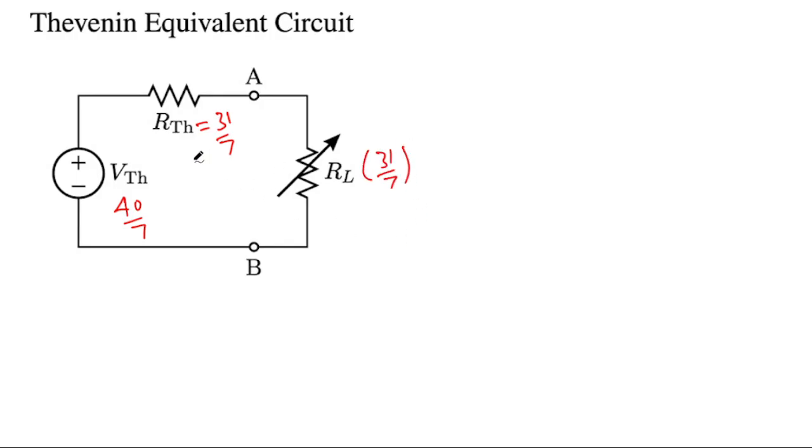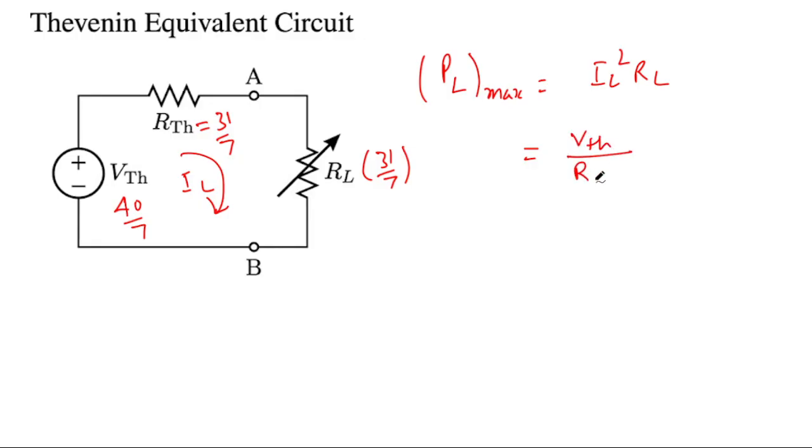If the current flowing here is IL, then the maximum power PL max is equal to IL squared multiplied by RL. The value of IL is equal to VTH divided by (RTH plus RL).